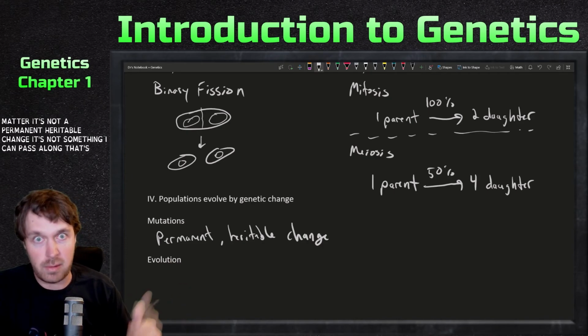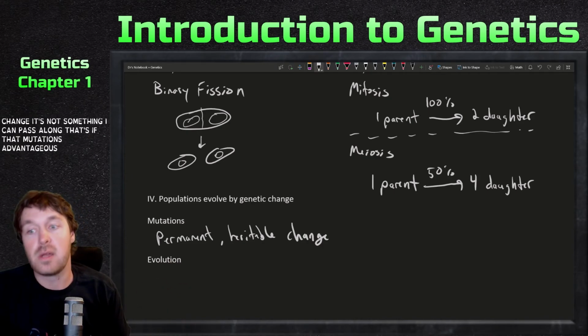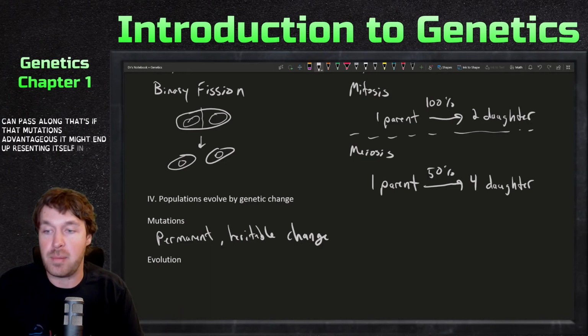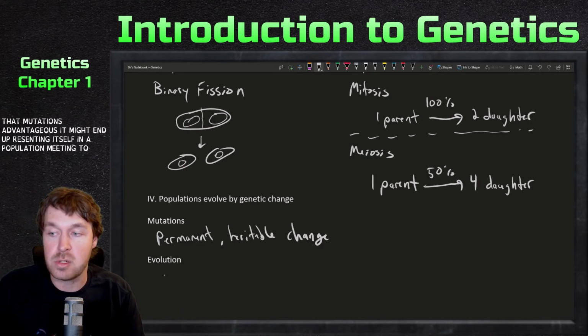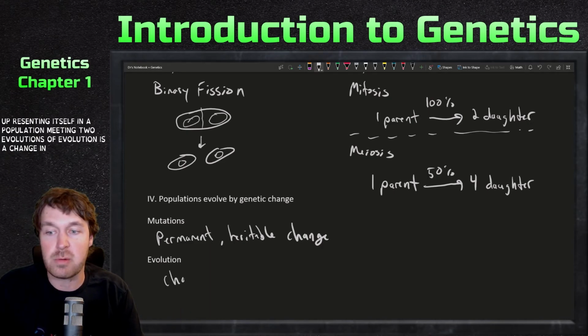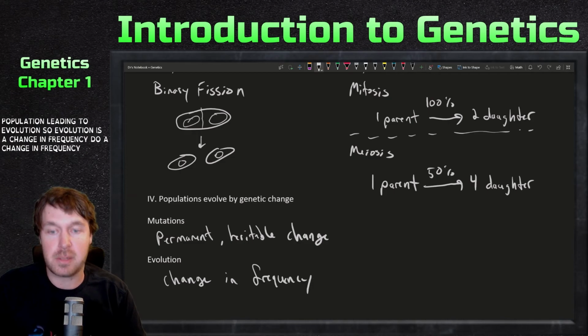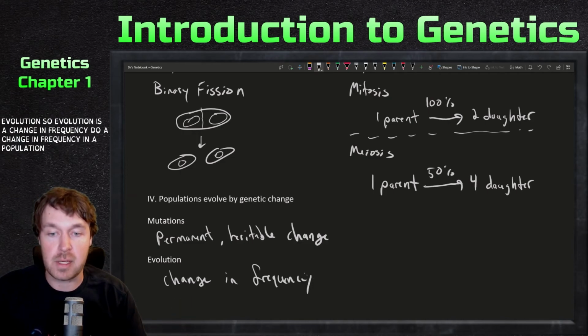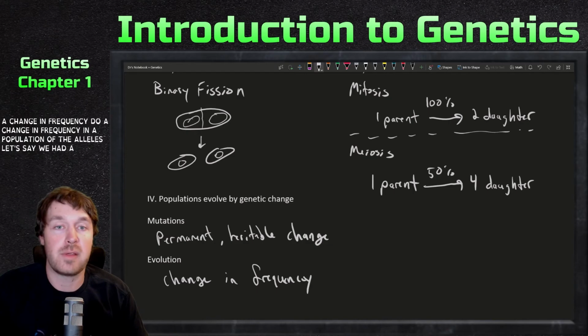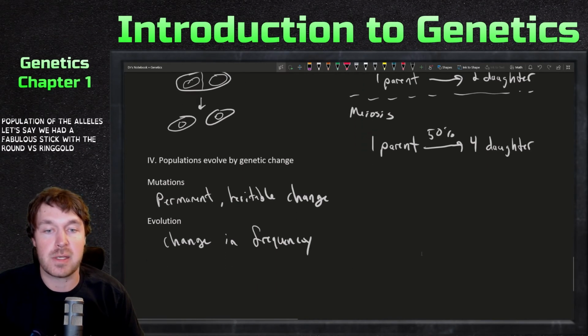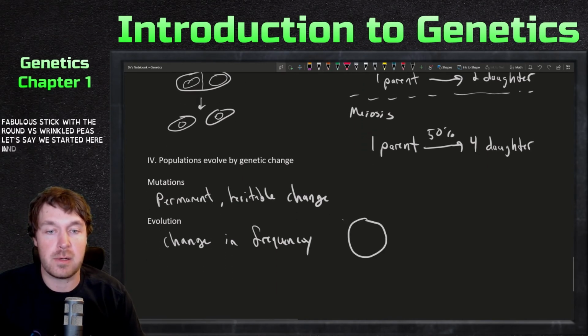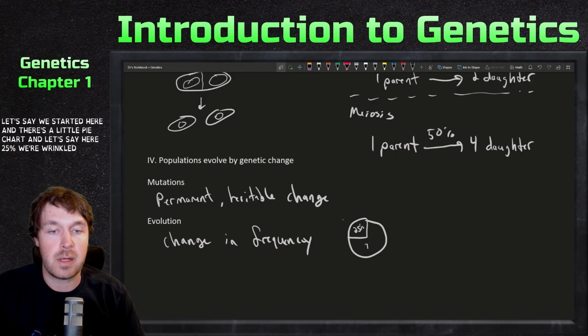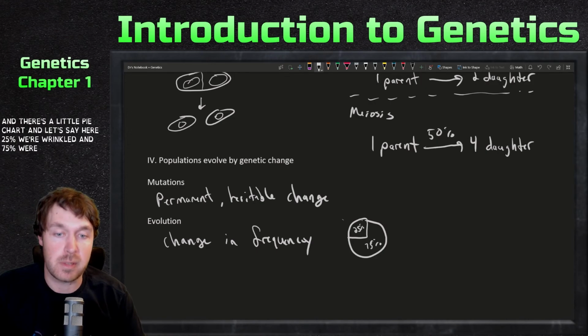That's a mutation, and if that mutation is advantageous, it might end up presenting itself in a population, leading to evolution. So evolution is a change in frequency in a population of the alleles. So let's say, let's stick with the round versus wrinkled peas. Let's say we started here, there's a little pie chart, and let's say here 25% were wrinkled and 75% were round.